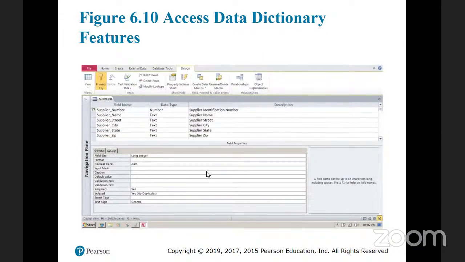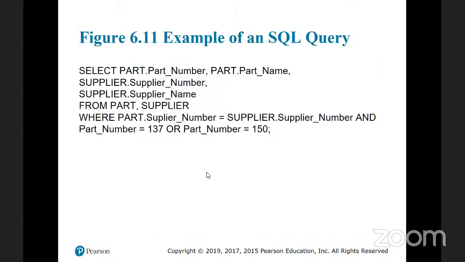So this is showing Microsoft Access. We're not going to worry about that. This is an example of a SQL query, which is structured query language. This is showing that from a particular part, we're looking for where the supplier number and the part number is 137 or 150.